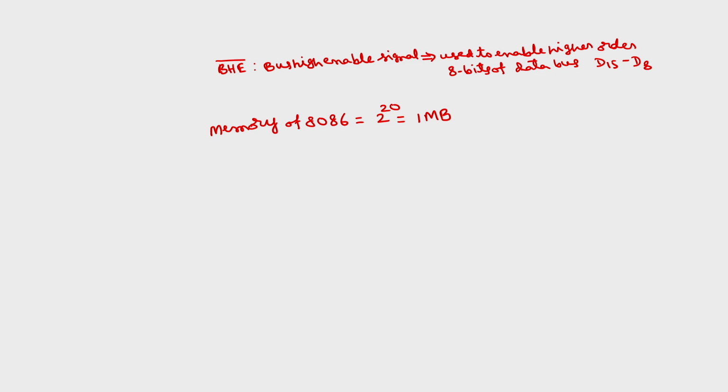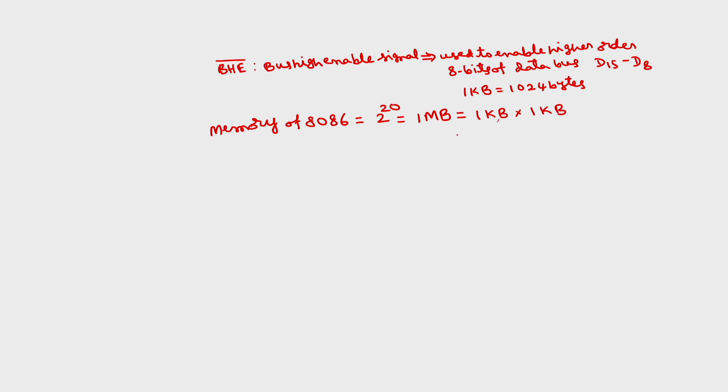This is in terms of kilobytes. As I have told already, 1 kilo is not equal to 1000. In microprocessor terminology, 1 kilobyte means 1024 bytes. So this can be written as 1 kilobyte into 1 kilobyte.